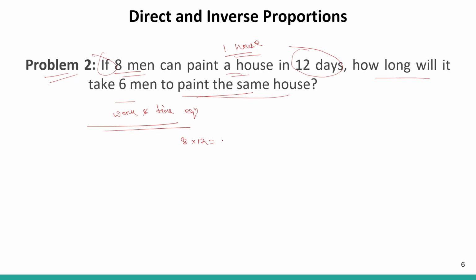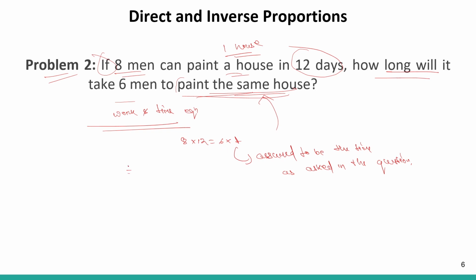So 6 into T, let's say, where T is assumed to be the time asked in the question, the time to paint that same house using 6 people.